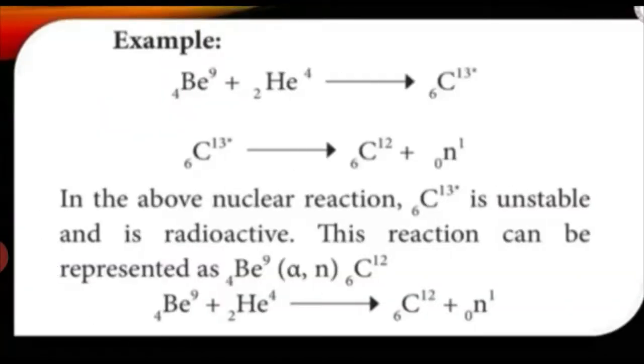Next, let us see how the disintegration process is happening through the activity. If you denote the parent and daughter nuclei as X and Y respectively, let us see the example 4Be9. What is Be?